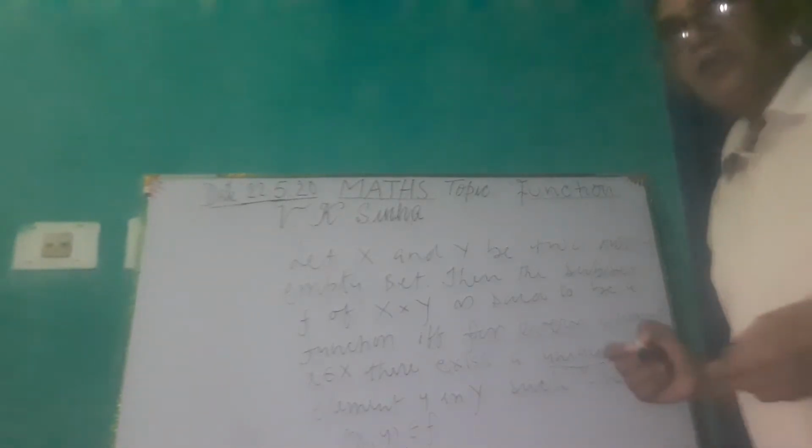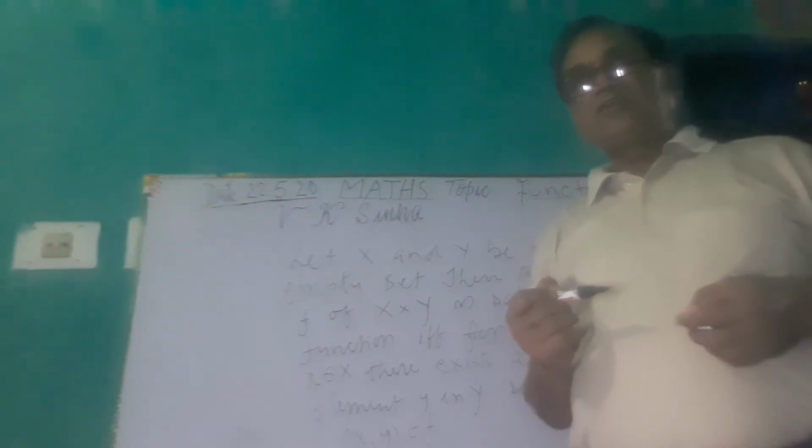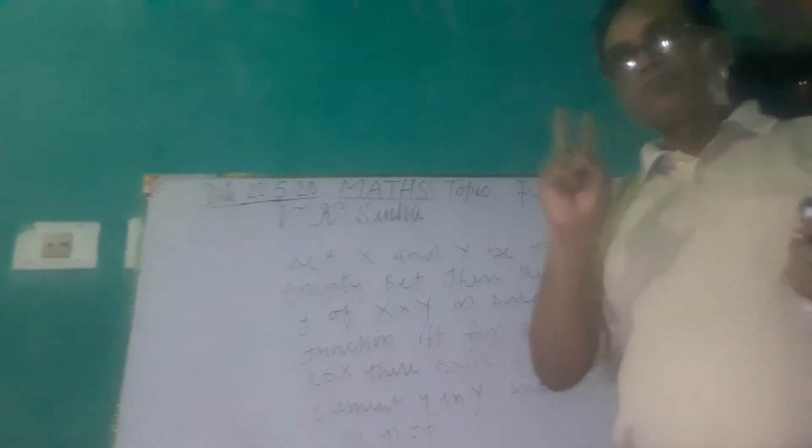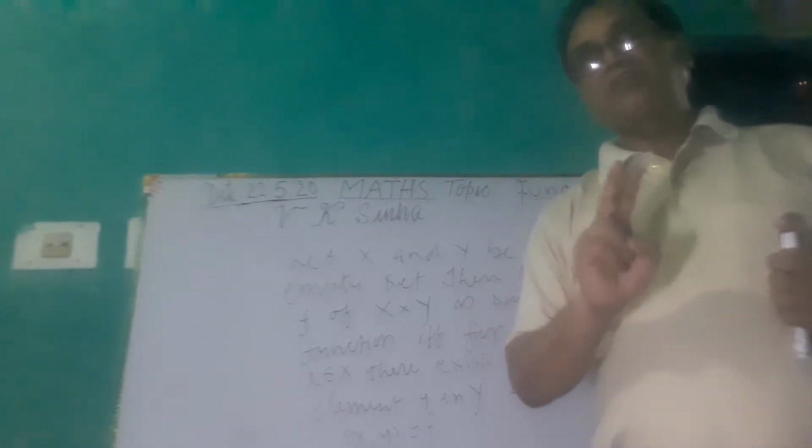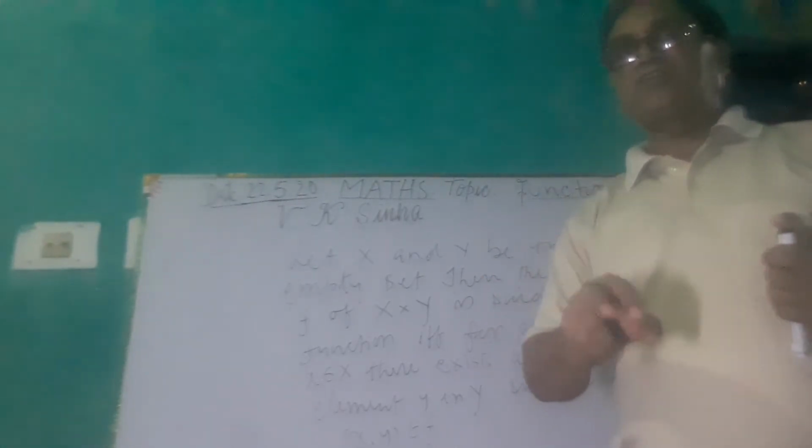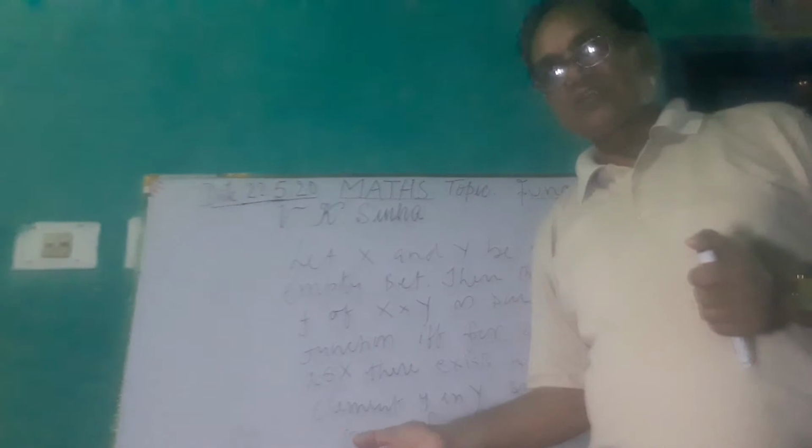In relation, we know that each subset of the Cartesian product of two sets is a relation from the first set to another.